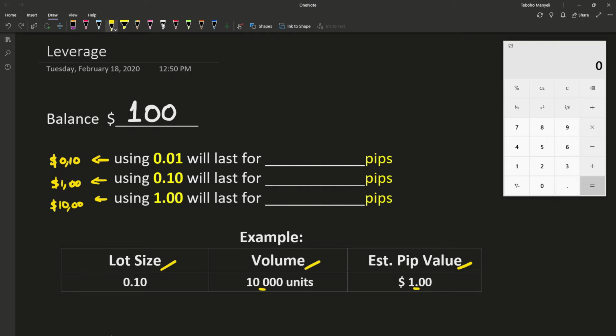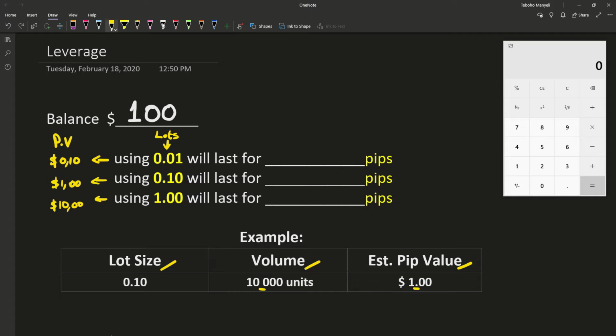By understanding the pip value, we know that if we use specific lot sizes, they will affect how many pips we have or how many pips we need to cover to double an account. E.g., in this case we have $100, we're using a 0.01.